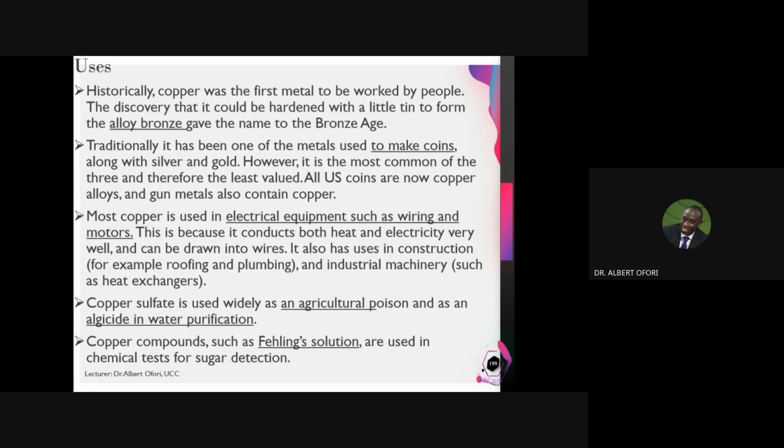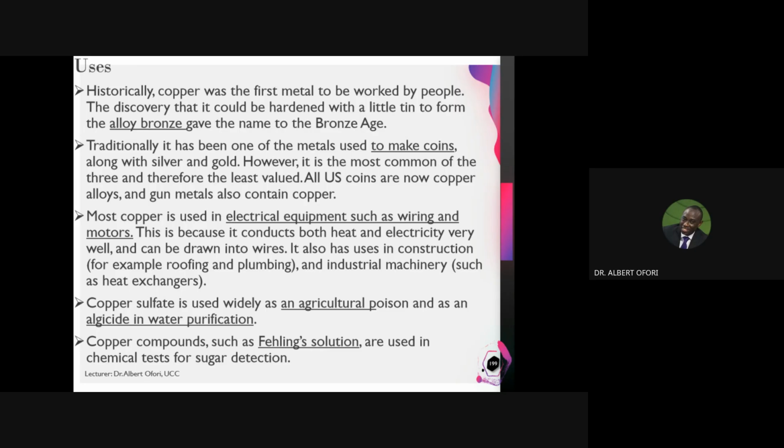Again, we'll see some copper compounds like Fehling's solution, which is used in testing for sugars, the six-carbon sugars, glucose, fructose, mannose. That's the Fehling's solution we use in testing whether there's presence of sugar or not.